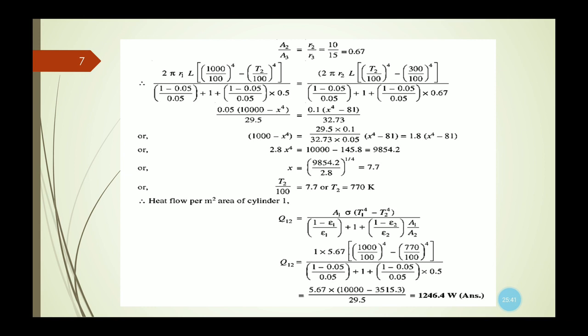For calculation purposes we have considered T2 by 100 equal to x. The value of x we got is 7.7. That means T2 by 100 is 7.7 after several steps. So finally the temperature of the second concentric cylinder comes out as 770 Kelvin.